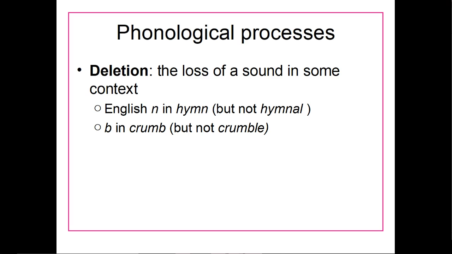So basically, if we have two consonants right next to each other, sometimes we might just delete one of them because that'll make it easier to say. But in the case of "hymnal," we can treat it as two different syllables, and it's a lot easier to say it as two different syllables. Same with "crumb." We don't really say the b in "crumb," but if we have another syllable on there, it can become something like "crumble." So deletion is another thing we might do to make things easier to say.